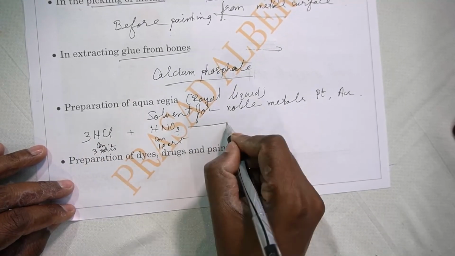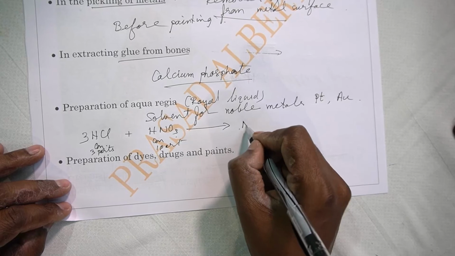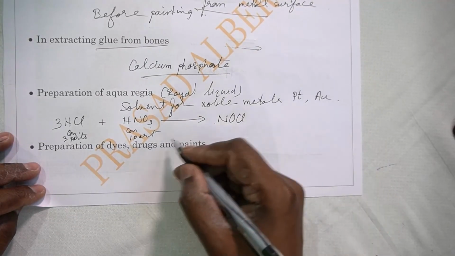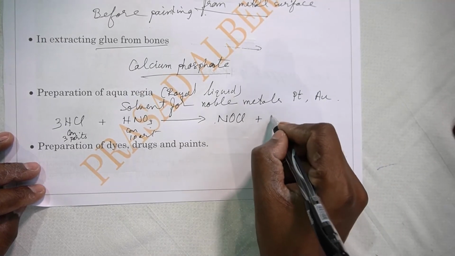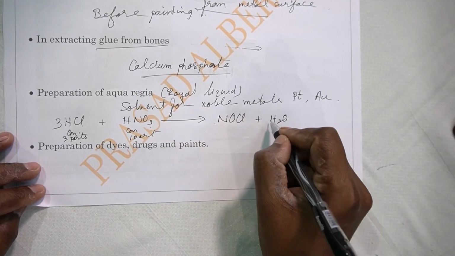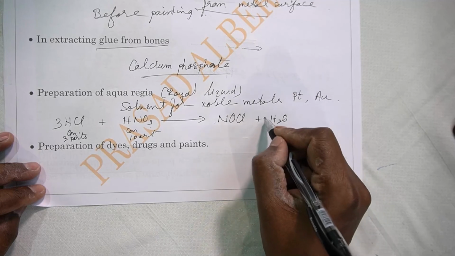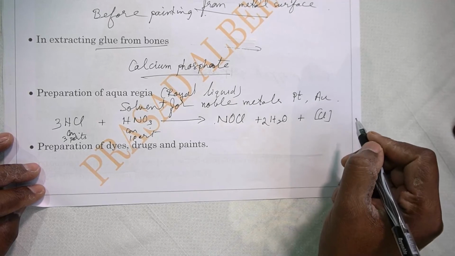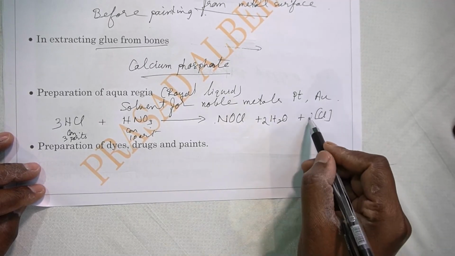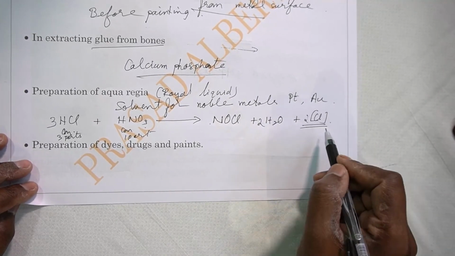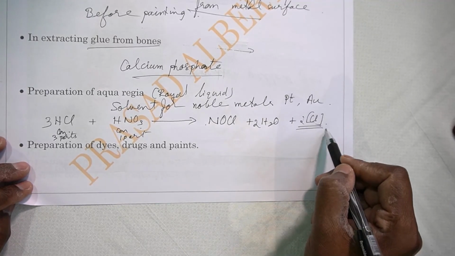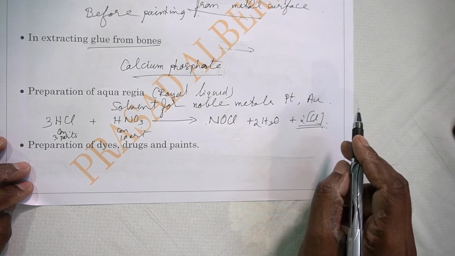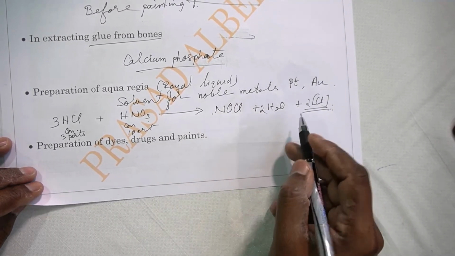The products are nitrosyl chloride, NOCl, and water, and the remaining is nascent chlorine, 2 atoms of nascent chlorine. What is nascent chlorine? Chlorine in the atomic form, which is highly reactive, and therefore it is able to attack the noble metals and dissolve them.